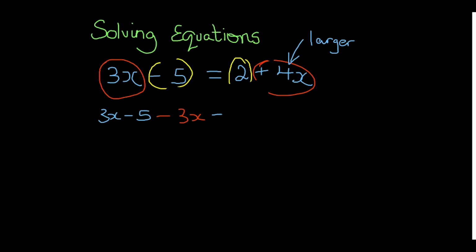Alright, just like the balance method I had shown you all earlier with the other equation, we're doing that with this one. So now when I subtract 3x from both sides, this will cancel off with this, and I remain with a negative 5 on the left. Then I have positive 2 plus 4x minus 3x.